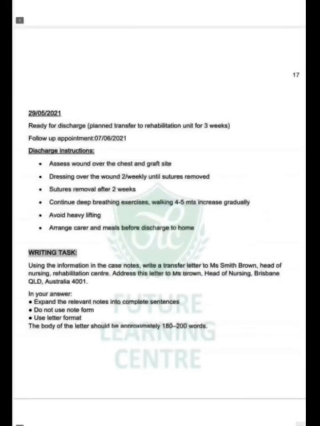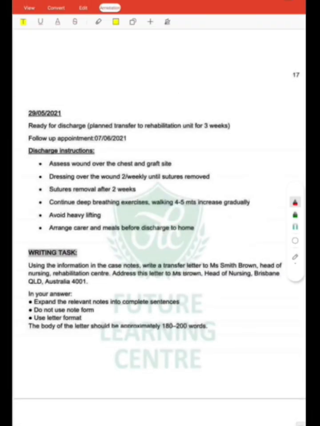So we need to understand the letter. Firstly we need to understand the writing task. Here it is: using the information in the case notes, write a transfer letter. So this is a transfer letter to Miss Smith Brown, who is head of nursing in rehabilitation center. They have given the information that you need to write the letter to Miss Smith Brown.